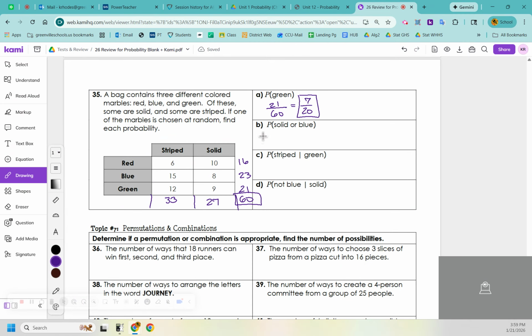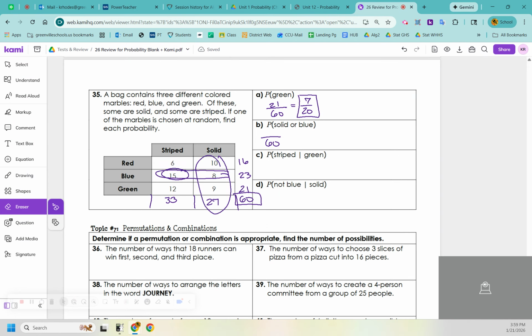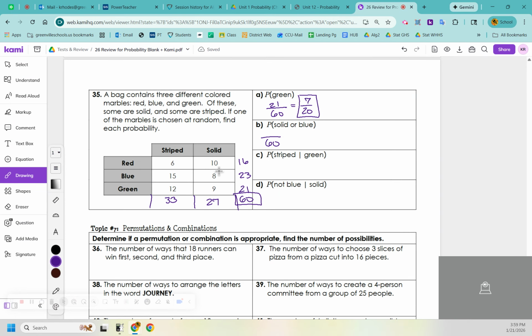Probability a solid or blue, so out of the total, solid is here, these 27, and then blue includes this 15. So it's these, but we just don't want to double count that 8. So let me circle it a different way. So this one's blue, this one's blue.